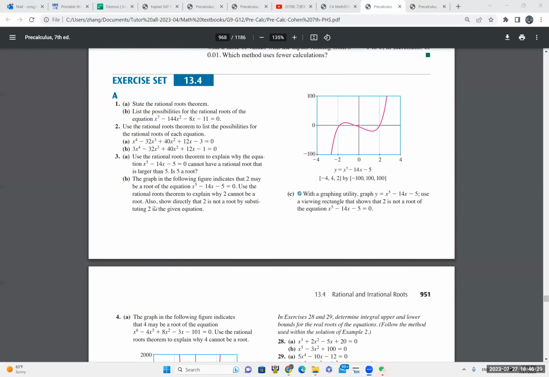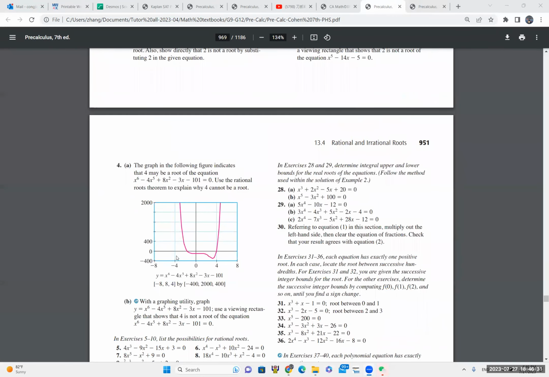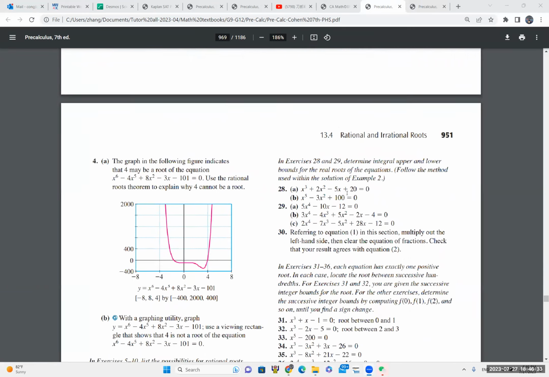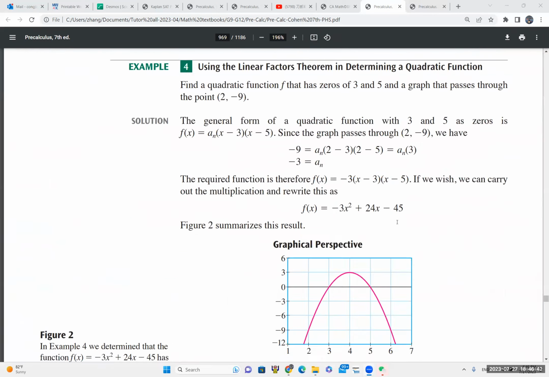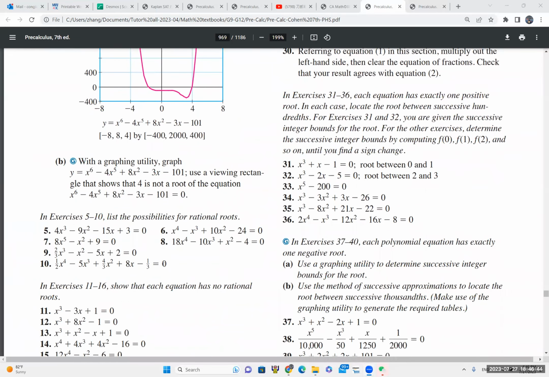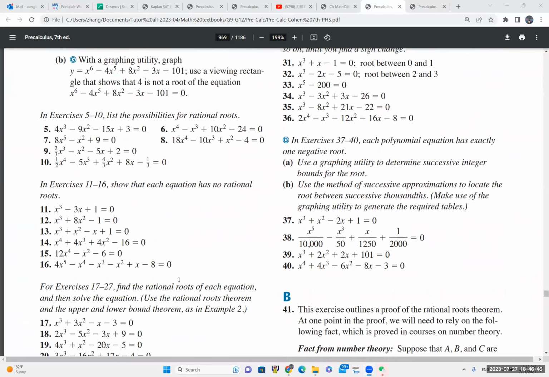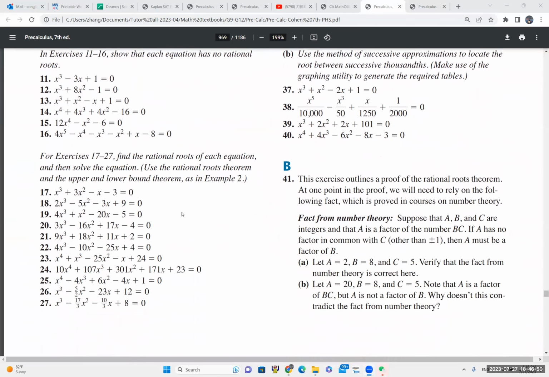Let me see. We'll find one that's not quite hard. We want to solve, find the roots of each equation, then solve.